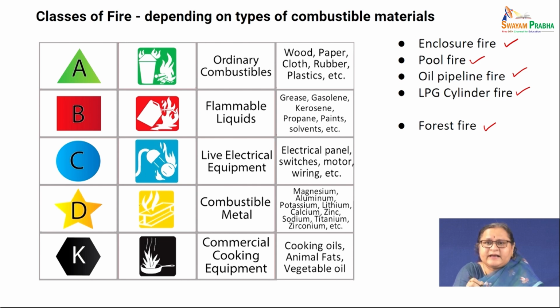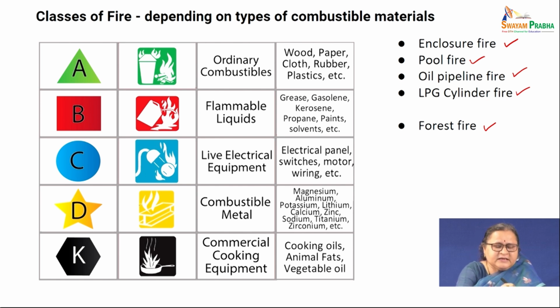Pool fire happens if there is a pool of oil spillage and there is a fire. Oil pipeline fire happens on sites where, say, ONGC is bringing oil from one point to the other, and some leakage can lead to a pipeline fire. LPG cylinder fire can happen in the house, at a domestic level also.